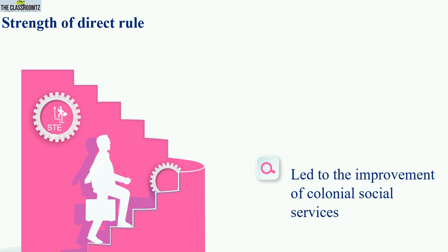If Europeans are settling in Africa as administrators, they cannot be treated the same way as Africans. These people are coming from Europe, they need a good environment, good accommodation, a good house, full of social services. So because of that, social services improved in Africa. Even up to today, for example in Tanzania, some of the houses are used by government officials.